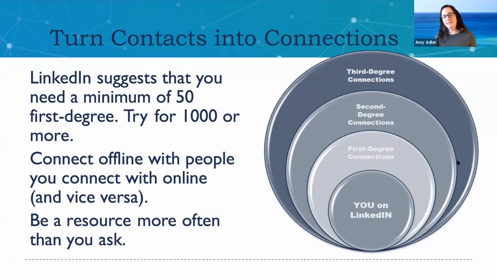Let's say Marnie has connections and she and I are connected, and I have connections that are not her connections at the start, but now my first degree connections are her second degree connections, and it expands outward to the third degree level. So you can imagine that after you have a couple hundred of these, your third degree circle is going to be somewhere in the millions, which means you are now part of several million people's tribe. And that adds credibility when they're looking for somebody like you.